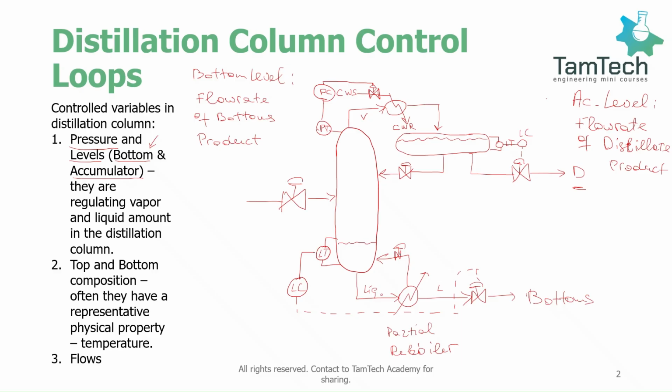Now, what is also a very important point is that we should control top and bottom composition, which means the composition of distillate and the composition of bottoms. So how do we do that? We first find a representative physical property to control, and in many cases, this physical property is temperature.